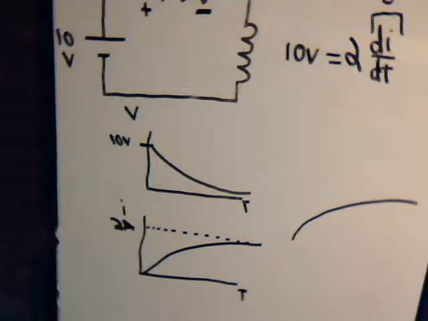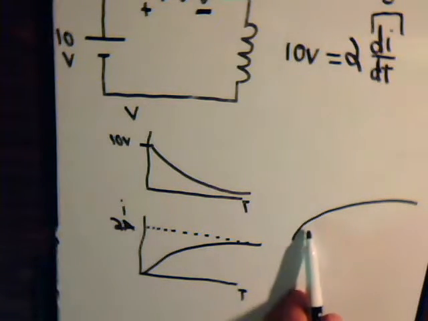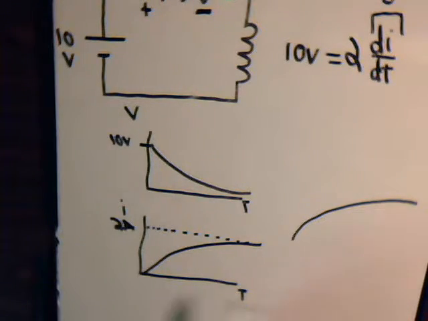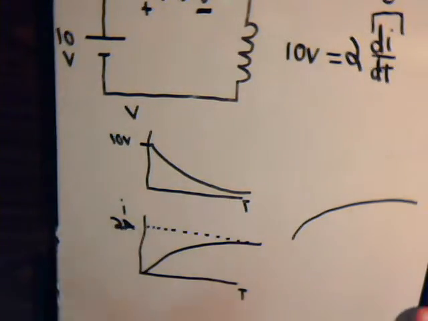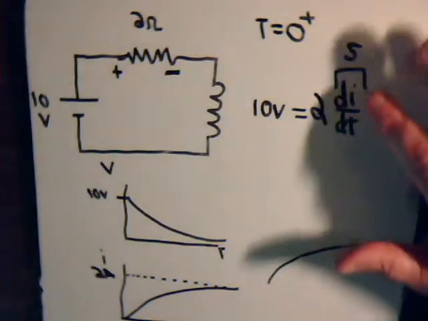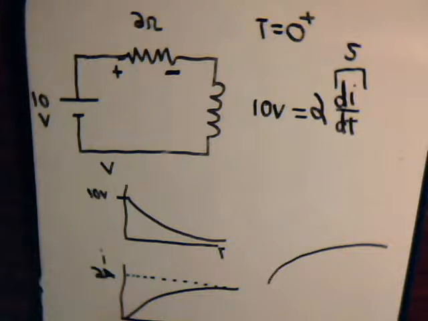So what this shows us is that the rate of increase of the current is getting less and less and less, and that's why the voltage is falling off more and more, because the induced voltage depends on that rate of change of the current. And again, we'll be discussing all of this in more detail in future videos, and we'll have exact equations that will describe all this for us.